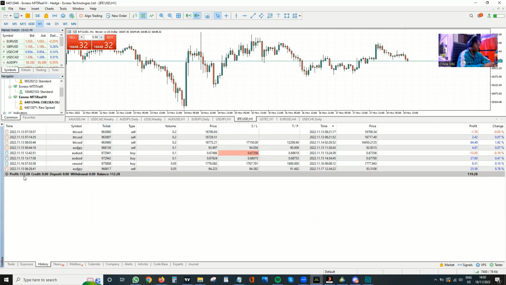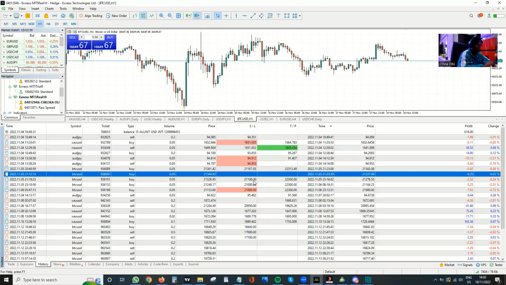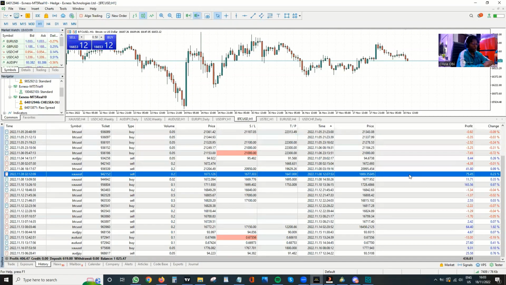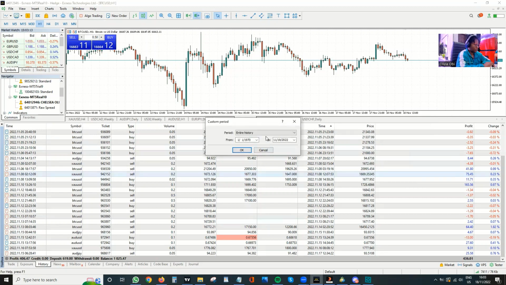Profits of 112. I don't know what the ROI for the account is, but let me click on all history. Deposit 619, then all history so far 406. So our conservative account is doing well so far.